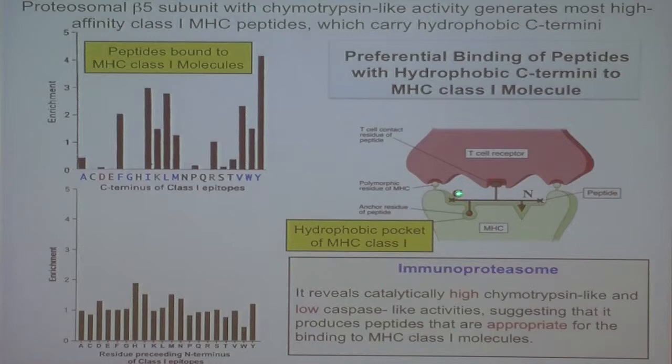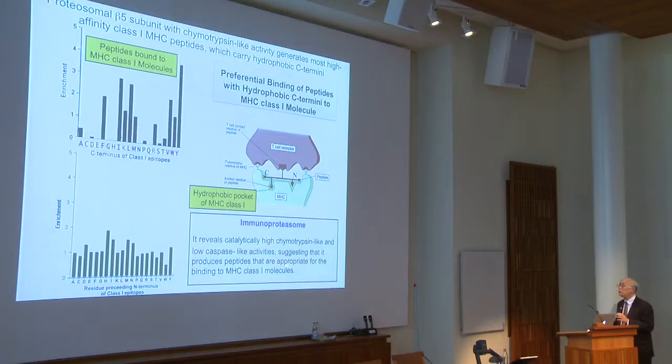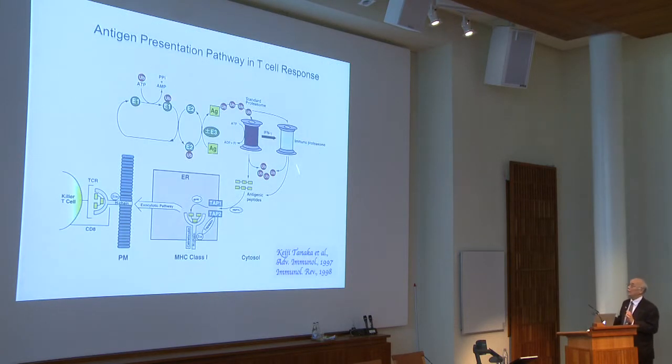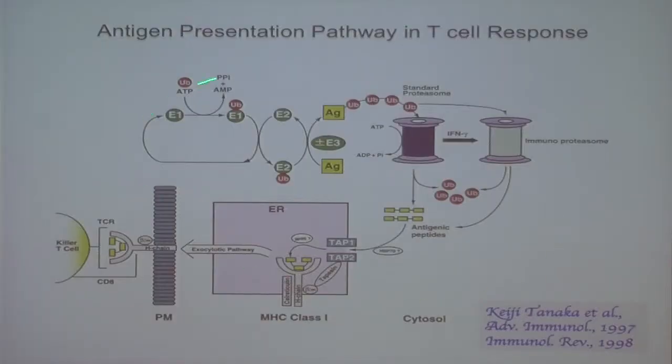The pocket for the C-terminal amino acid residue is almost all hydrophobic amino acid. So that means the immunoproteasome is very good at producing MHC class 1 associated peptides. This is a cartoon of antigen presentation for T-cell response.